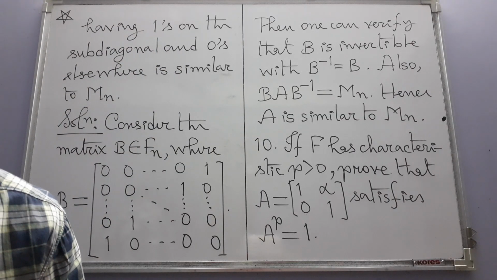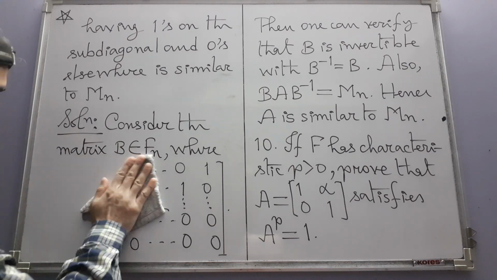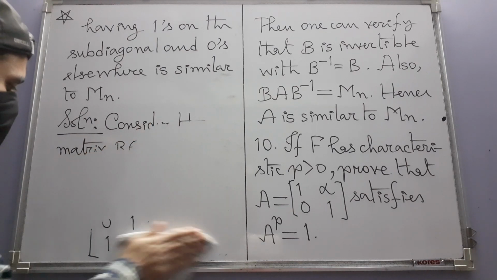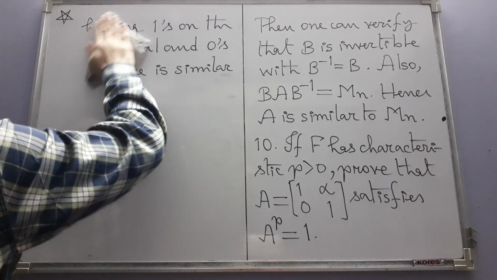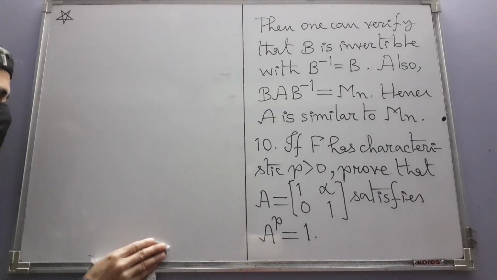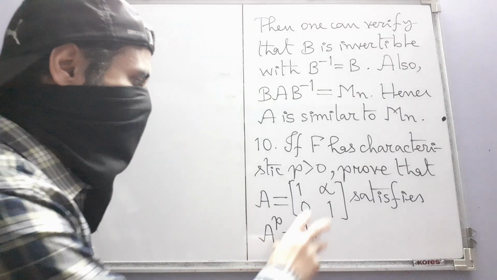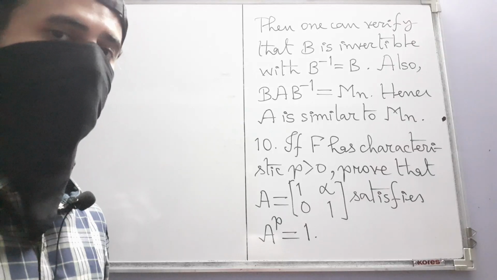So let's see how this can be solved. It's just a matter of calculation, and because we have a 2 by 2 matrix, it's quite easy. You just have to figure out the pattern of the powers of A. A looks like this. How does A squared look? How does A cube look?